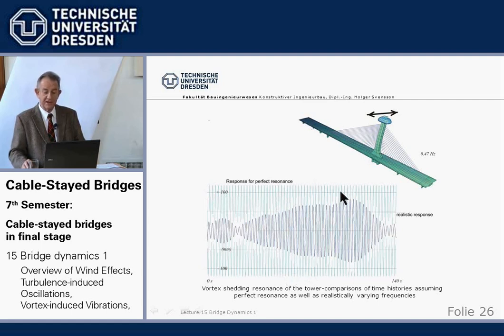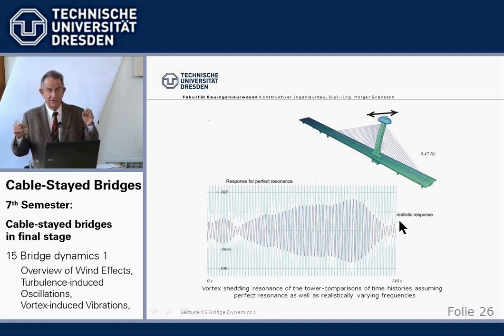In reality, even in the model, this was measured for a realistic wind, much smaller. So don't get all excited when you have a resonance phenomenon in the wind tunnel. Just consider carefully, maybe it will not show up in reality.